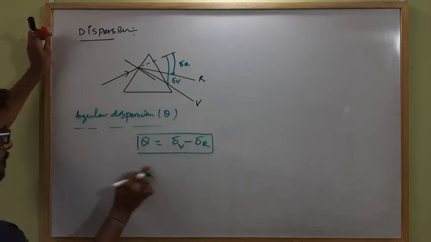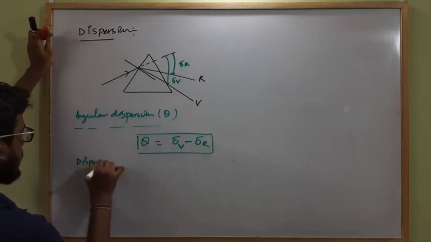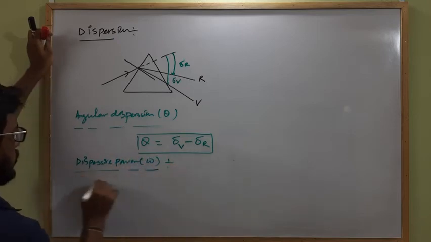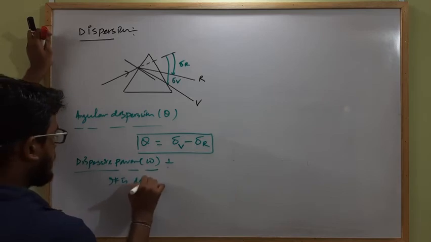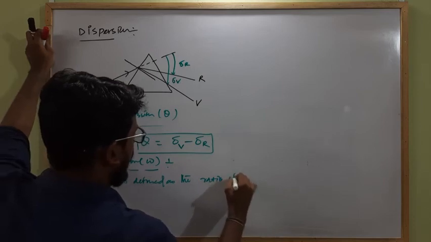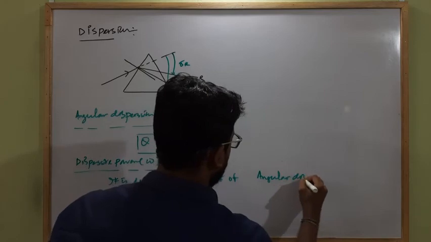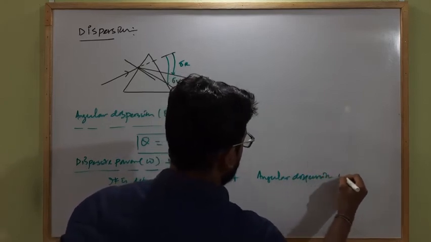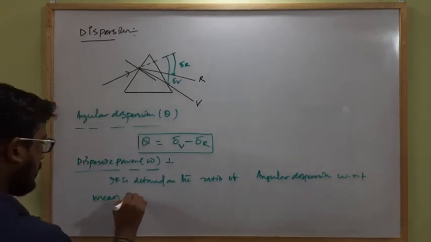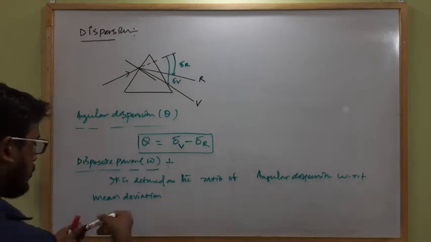Okay, then the dispersive power, denoted by omega, is defined as the ratio of angular dispersion with respect to mean deviation. You have to remember this: with respect to angular dispersion, with respect to mean deviation.